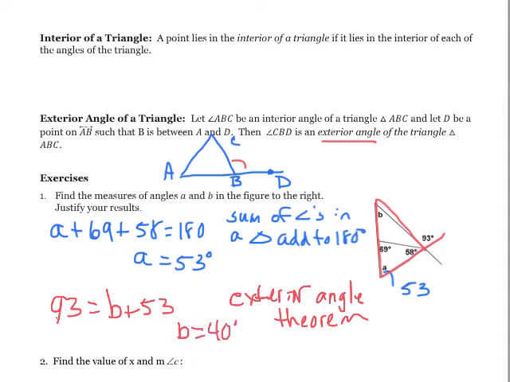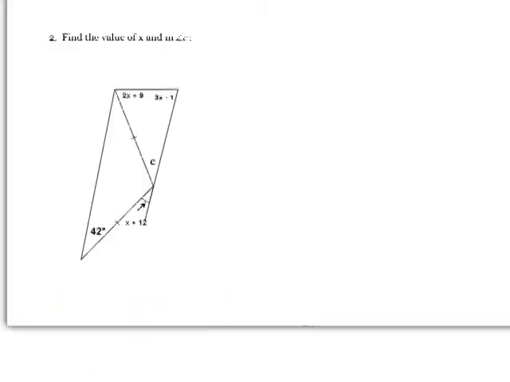So we always have to justify our steps when we work our geometry problems at this point. Now we're going to jump and tackle this beast, because it incorporates several things. We want to find the value of x and the measure of angle C, because we won't be able to find the measure of angle C without finding the value of x.